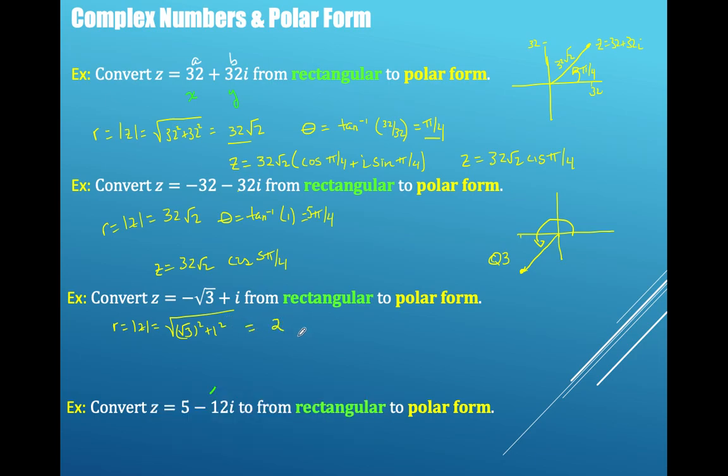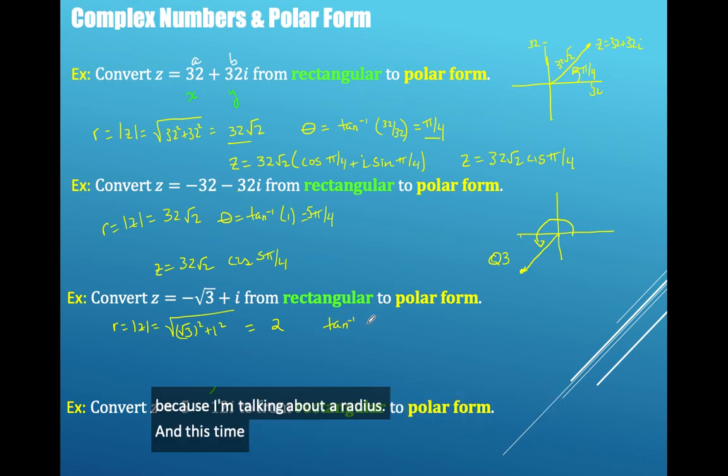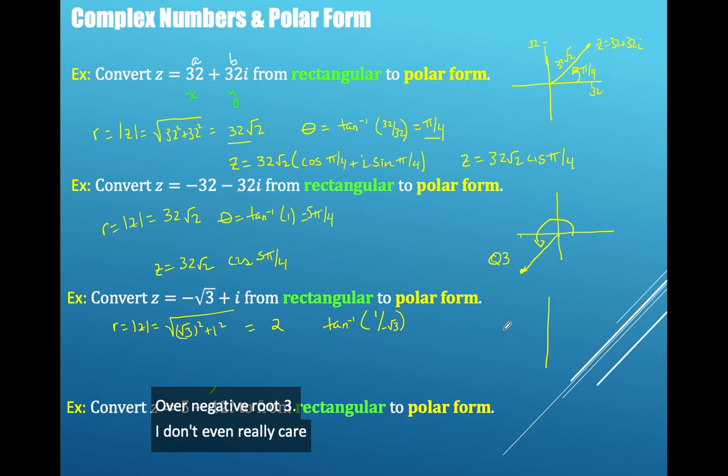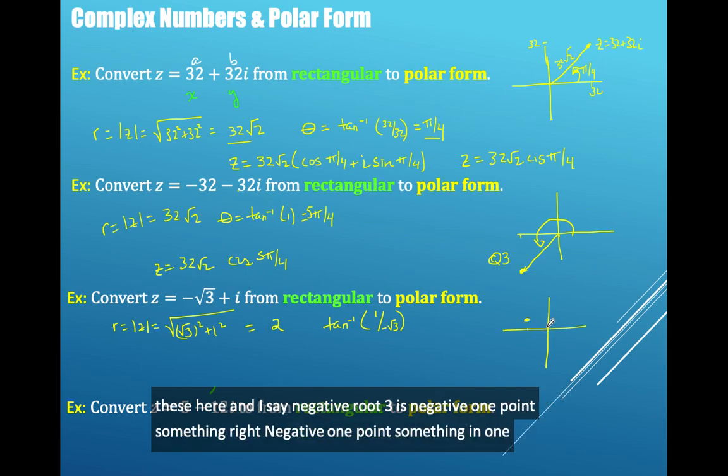Square root of 4, which is 2, right? And I just want the positive because I'm talking about a radius. And this time it's the inverse tangent of 1 over negative root 3. I don't even really care about the negative because I just plot these here and say negative root 3 is negative 1 point something, right? Negative 1 point something and 1. What quadrant am I in?